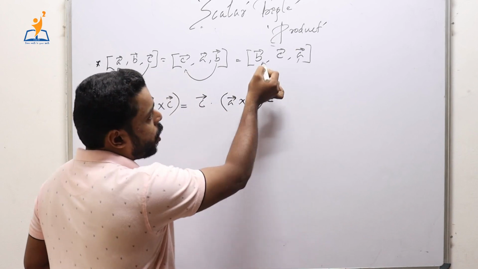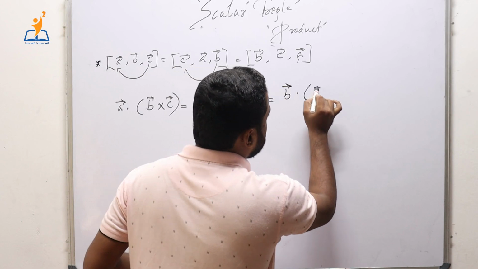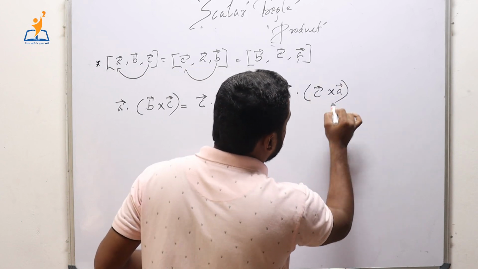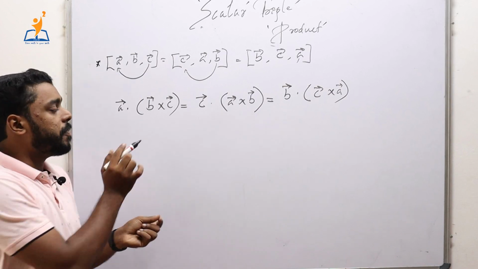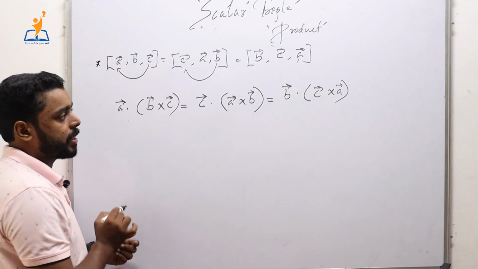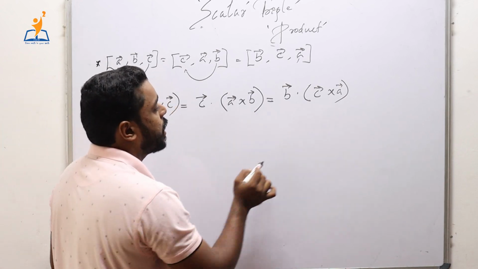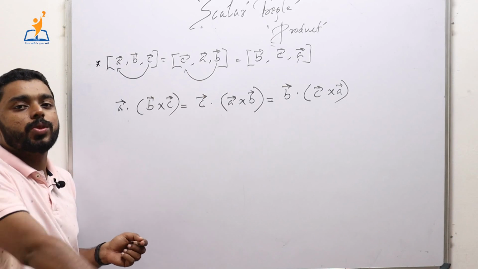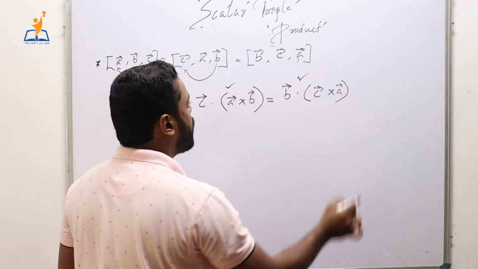And it must be equal to vector B dot C cross A. Just look at this. Whenever we are given a scalar triple product like this, we can interchange the cross product and dot product in two ways, which is exactly equal to the first one. Always remember that these three things are always equal.